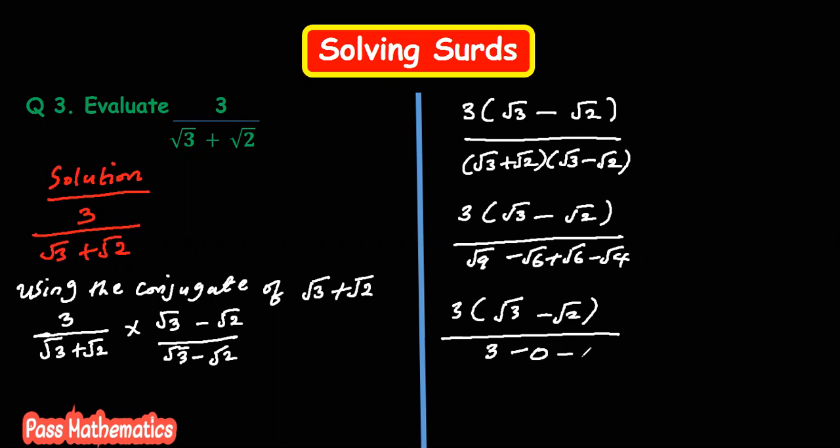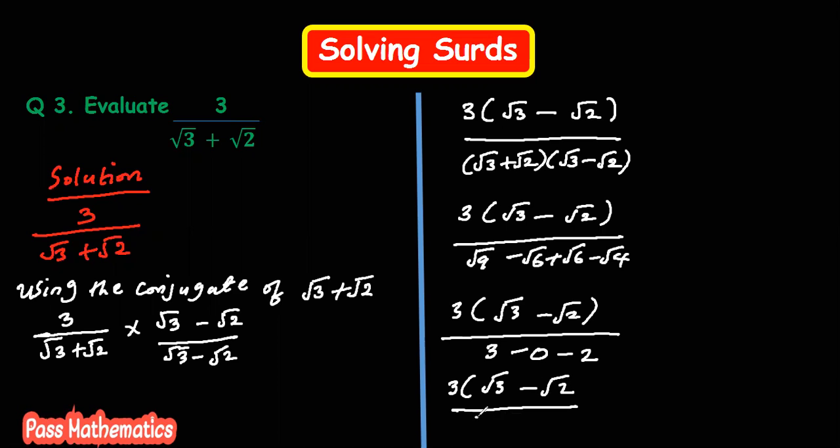Minus root 4 is 2. Yeah. So we're having something like this, which means we are having this minus this. So 3 minus 0 is what? Is 3, and then 3 minus 2 is going to be 1.